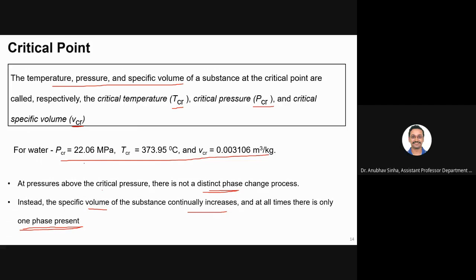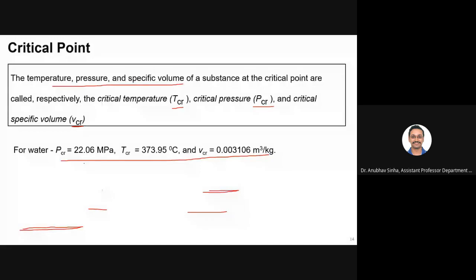Let me try. If I get some images, I can show you. But basically, from a thermodynamics point of view, at such high pressures, when you form a vapor, there will be no phase change.